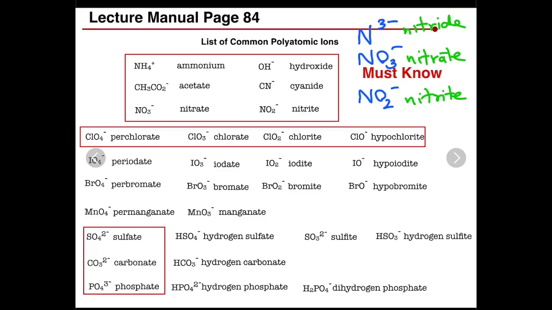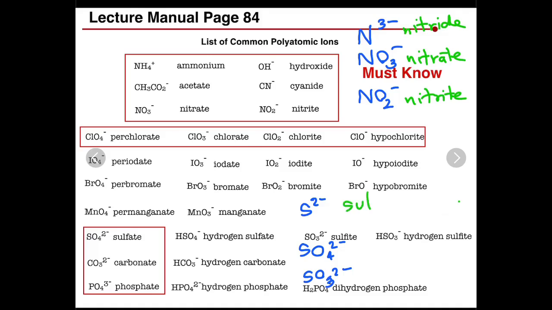Okay, let me show you another one as an example. For example, if you have S 2 minus versus SO4 2 minus versus SO3 2 minus, the names would be different, right? The first one doesn't contain any oxygen, so it's going to end with ide.